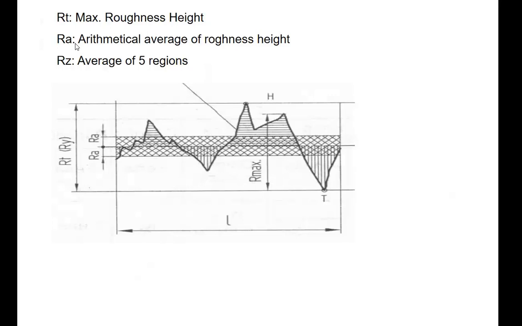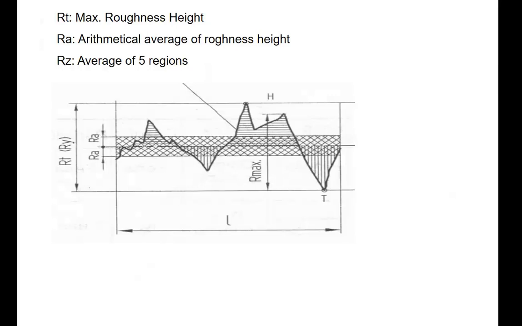If it is the maximum roughness height value along the path, the highest point and the lowest point have been detected. The distance between the highest and the lowest point over the surface along the path is called maximum roughness height.